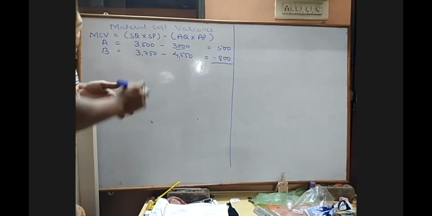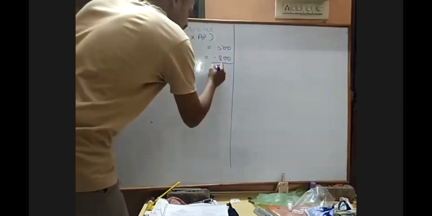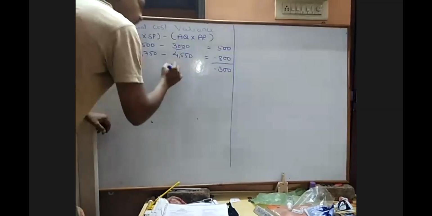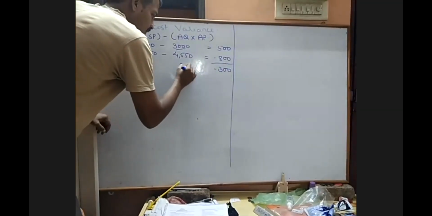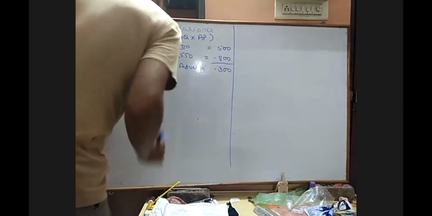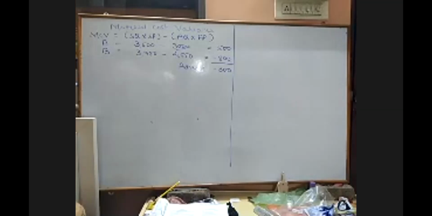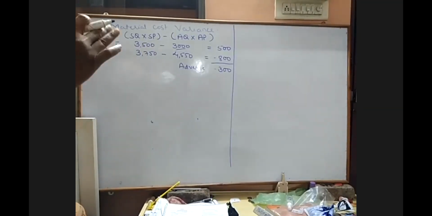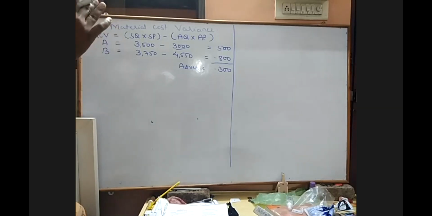Yes, 800. That means this will give us minus 800, which means that the situation is adverse. When you write adverse, even if you do not write minus, it is okay. Adverse 800. Hope you are able to understand this.